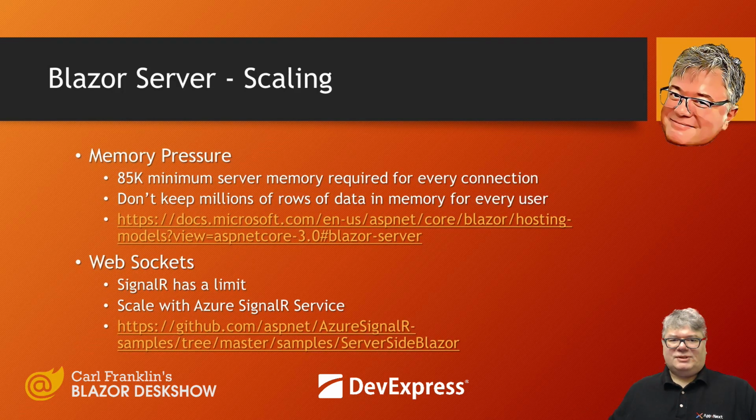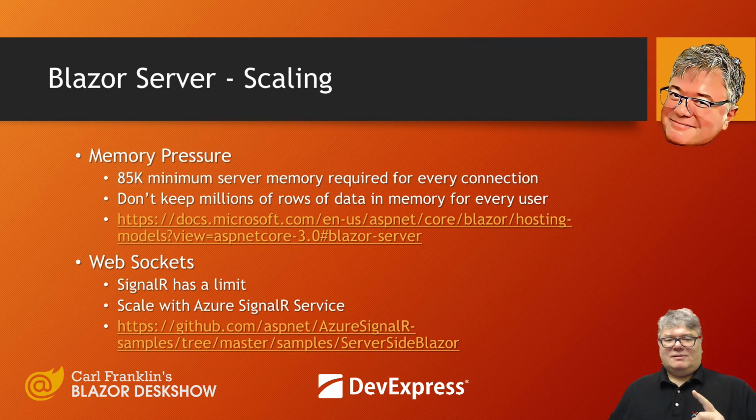I'll give you some numbers in a minute, but first of all, about 85K is required per concurrent connection, meaning every client that is connected via SignalR. That's even before you put any data on a page and send data to the client. That's the minimum.